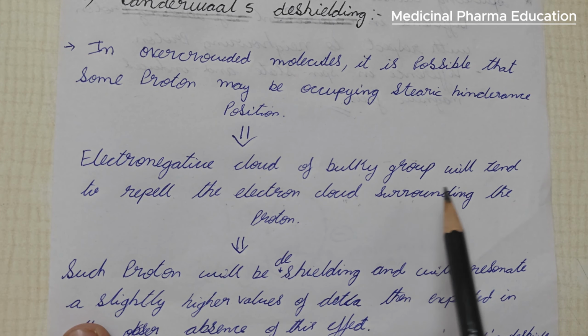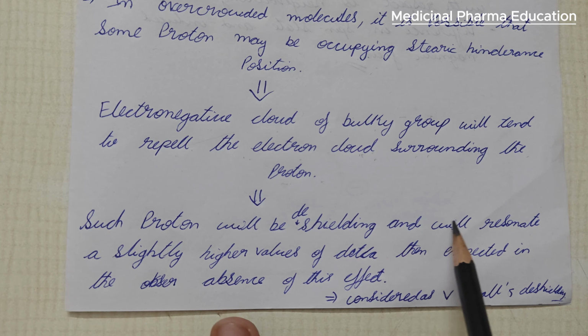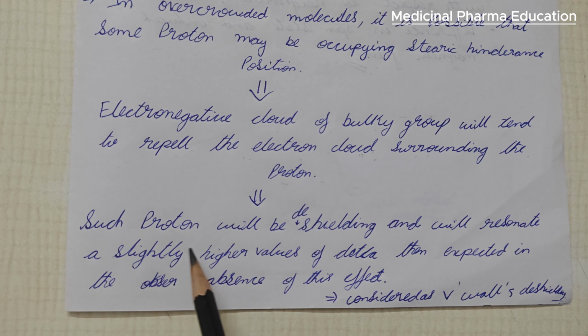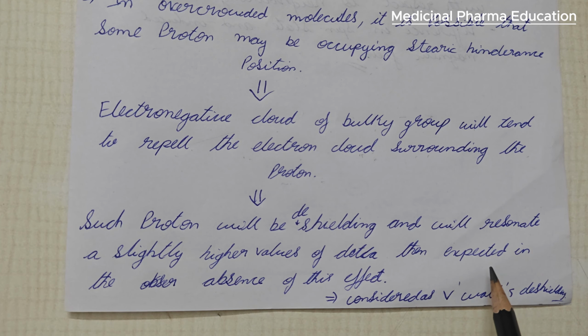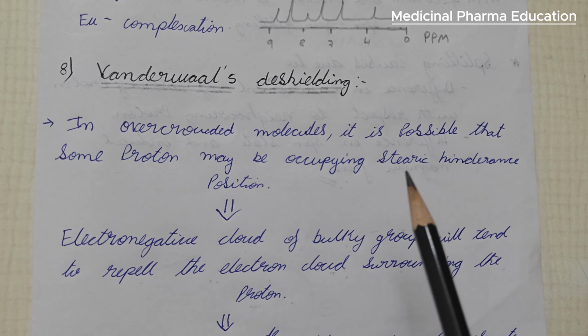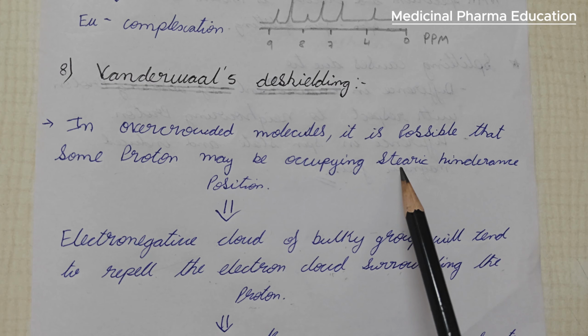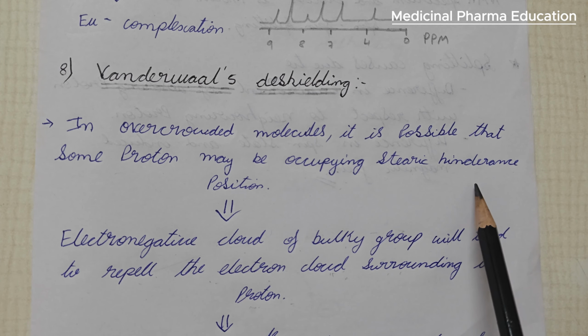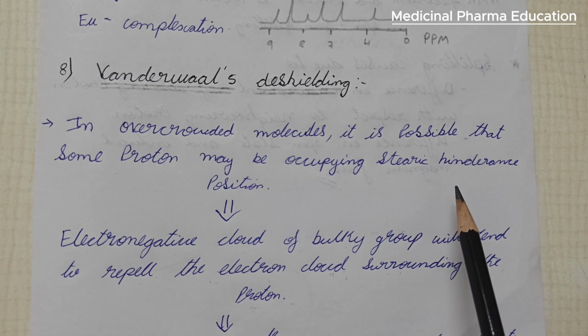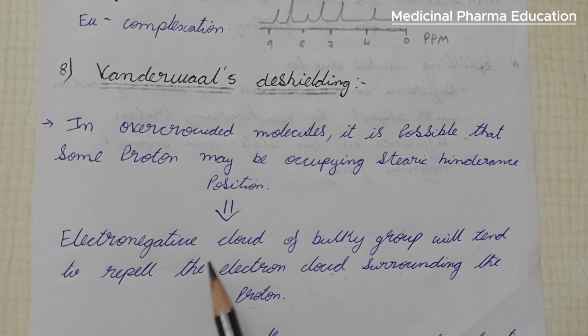Such protons will be deshielded and will resonate at a slightly higher value of delta than expected in the absence of this effect. See here what is happening: if the protons contain steric hindrance, then it causes deshielding, because the electronegative cloud of the bulkier group will repel the electron cloud surrounding the proton.